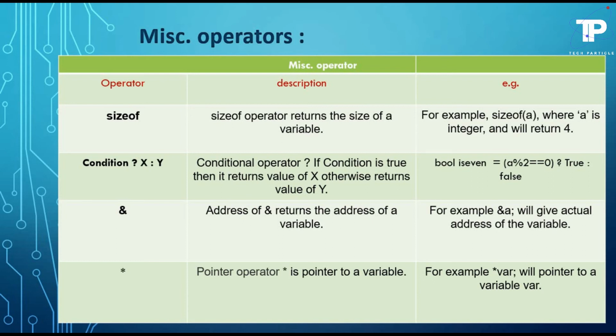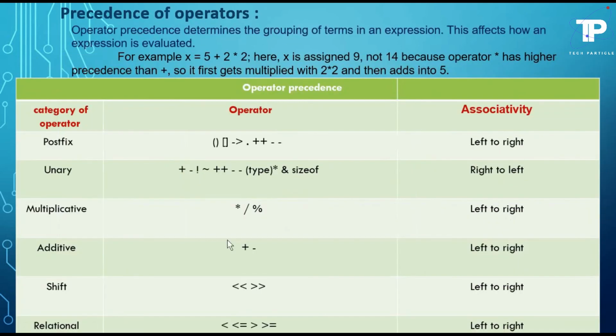Now let's see the precedence of operators. Precedence has the most significance in computation. For example, if we are computing a number x equal to 5 plus 2 into 2, and we are not considering the precedence of the operators, then we may get a wrong answer.